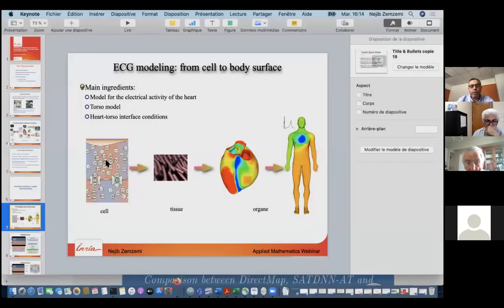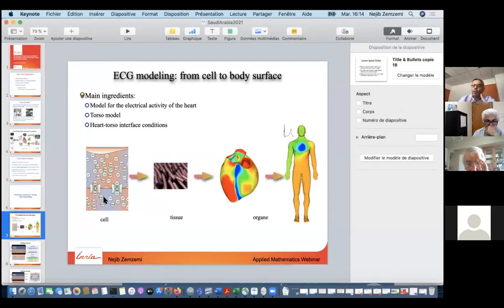This is the cellular model, where you will distinguish between intra and extracellular domains. And then there is the tissue level, a piece of cardiac tissue. Then you have an organ level, the heart level, and then you are at the body level. And that's where we measure the ECG.